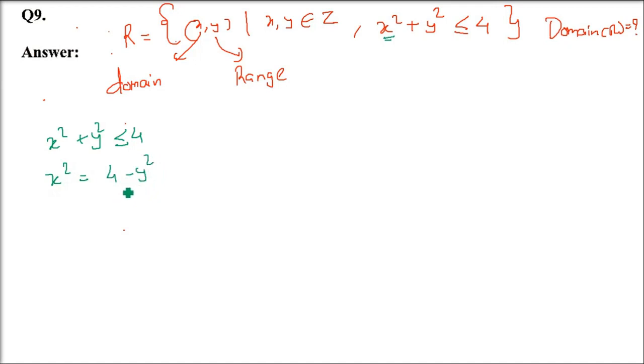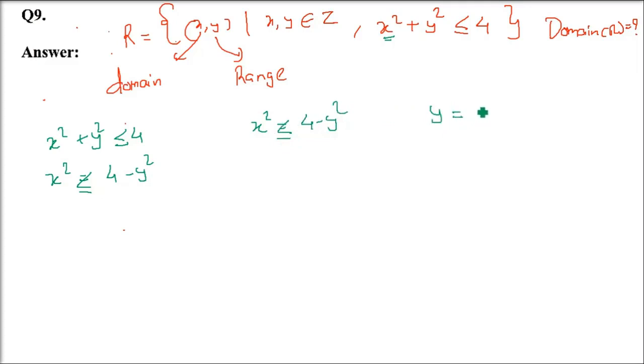So we have to see what all values of x are possible, and that is the domain. Don't make it equal, otherwise things will change.